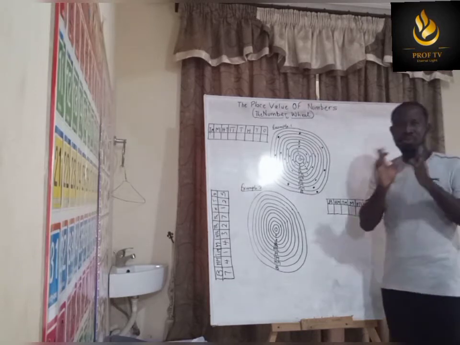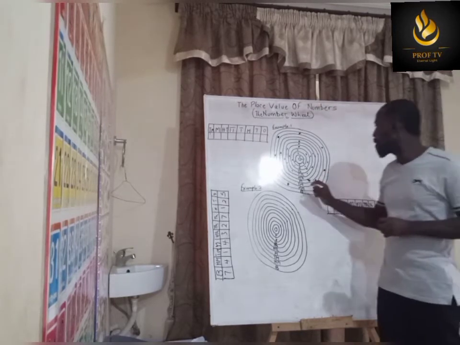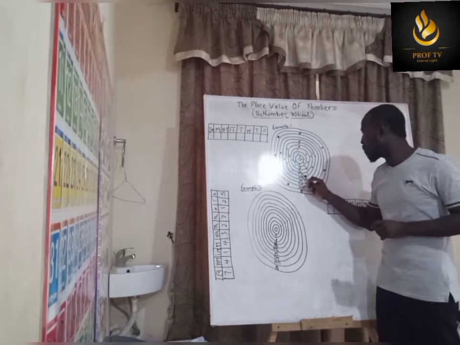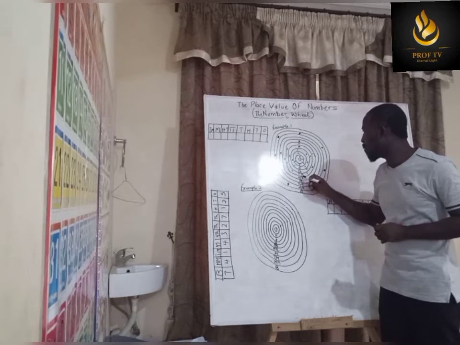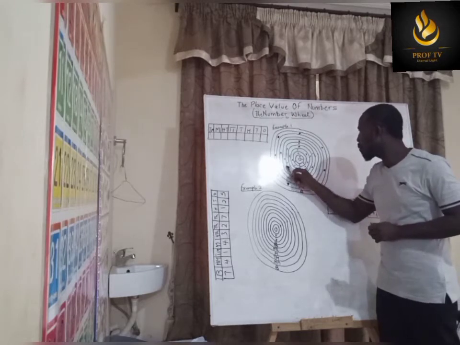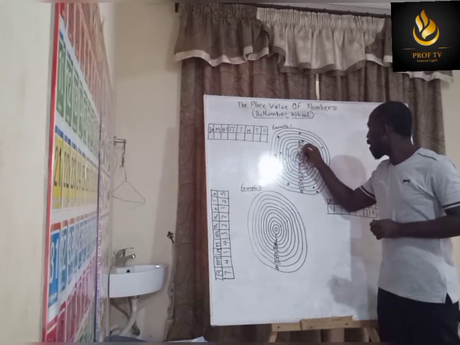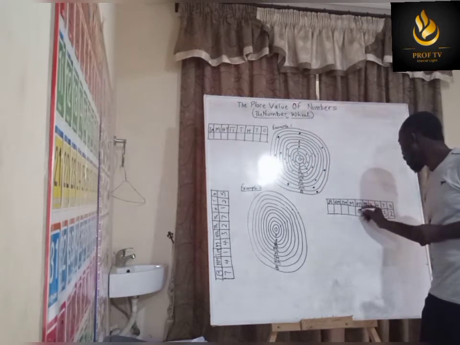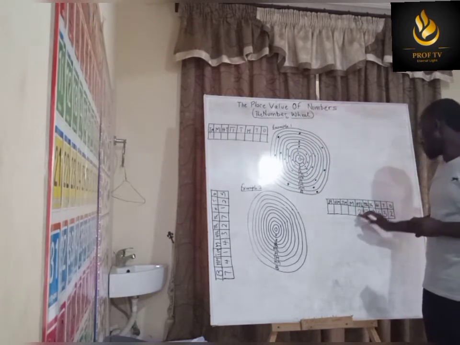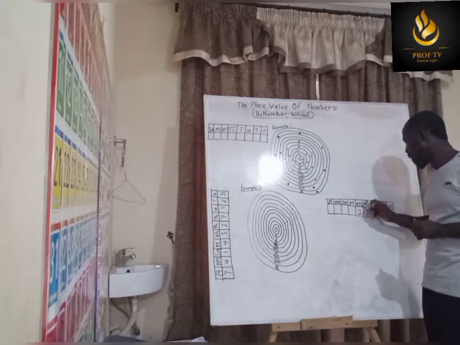Are we done? No. So we proceed from here. So tens of thousand, we are here. And then we go to hundreds of thousand. Let's see whether we have some dots around. So we go 1 and 2 and no other dots. So we come to this place. Now we are at hundreds of thousand.